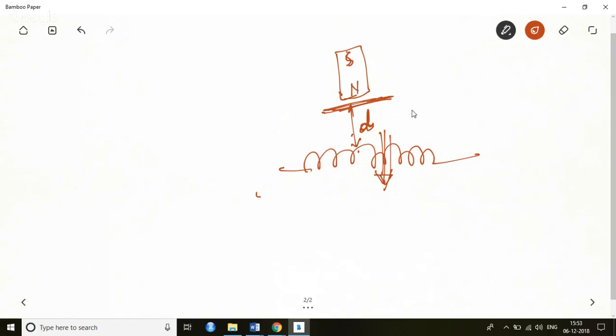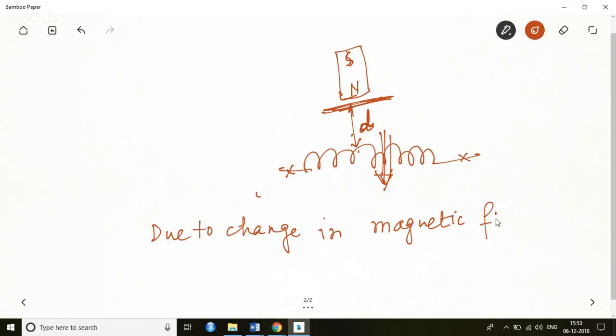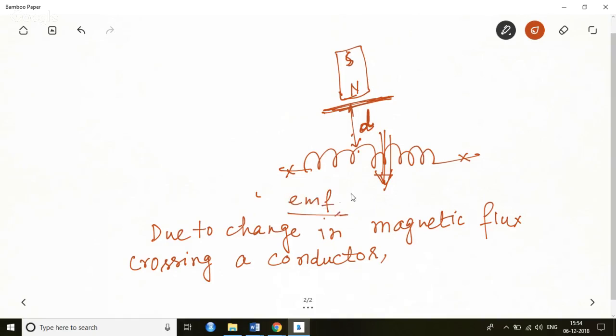And remember always, due to change in magnetic flux crossing a conductor, a voltage difference, which is also called EMF, electromotive force, which I'll not use, I'll use voltage, would be induced in this coil.